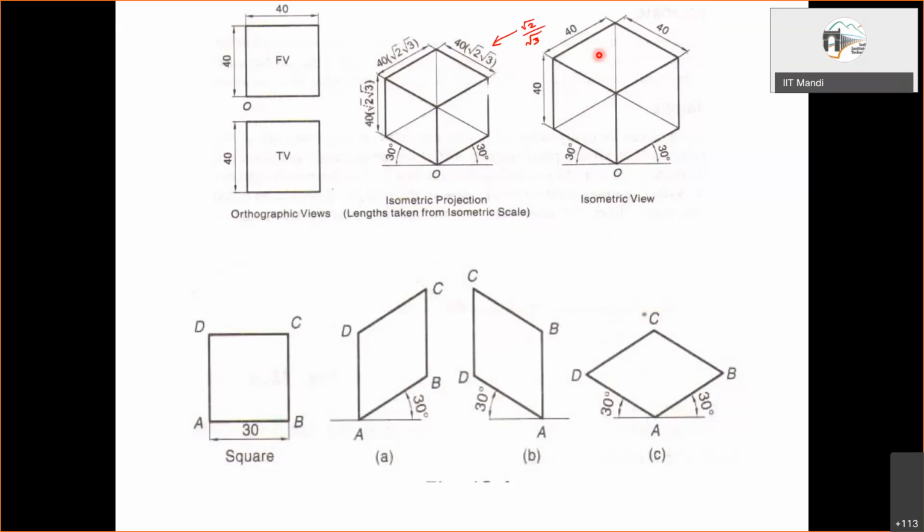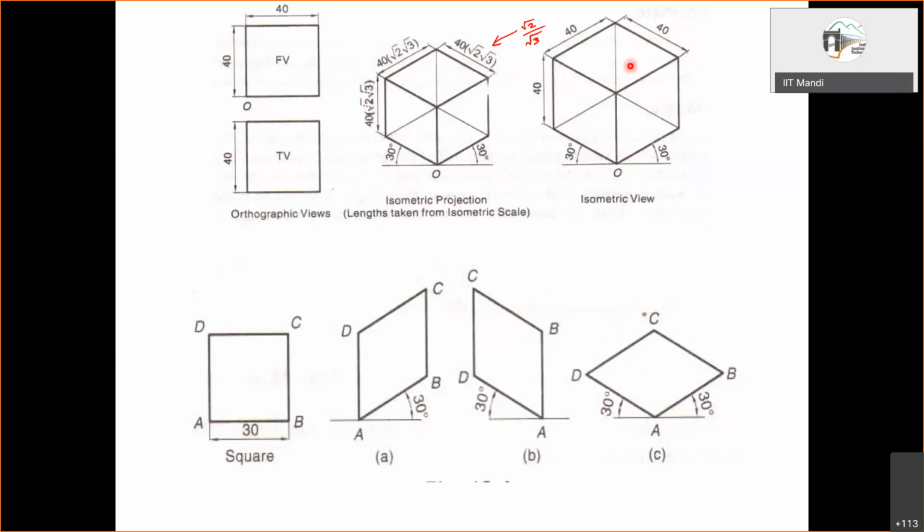So, of course, we usually will be drawing 3D drawings, right? We will obtain the isometric views for the three-dimensional objects. Here we have not done that, but all the same, when we are drawing a 2D square into isometric projections, or we are trying to obtain an isometric view for the same, then you see there are three possibilities, whether we are considering it for this orientation, or this.